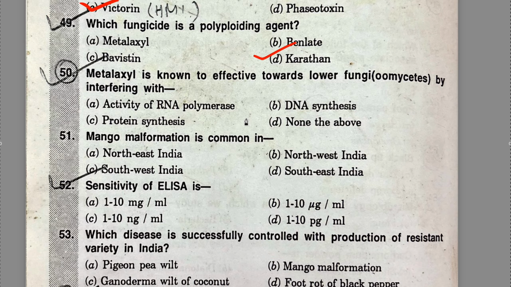So, the answer is option A, activity of RNA polymerase. Metalaxyl inhibits the activity of RNA polymerase, and that's how they control or manage the oomycetes fungi.